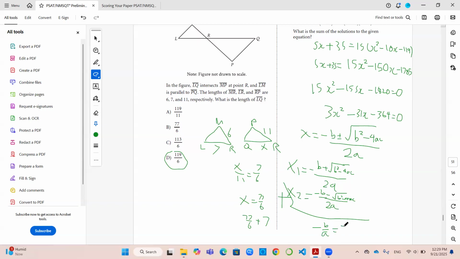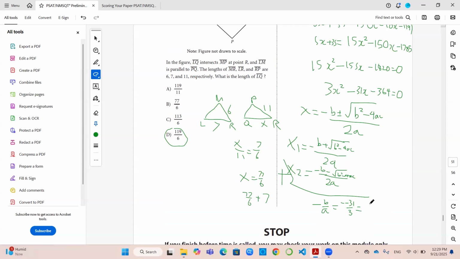So this is equal to 31 over 3. And you can either write it as 31 over 3, or you can write it as 10.33.